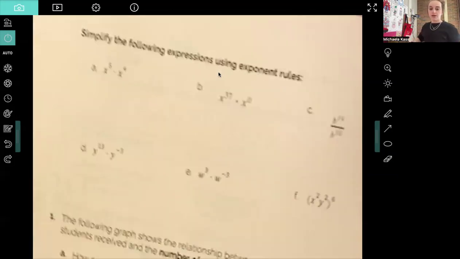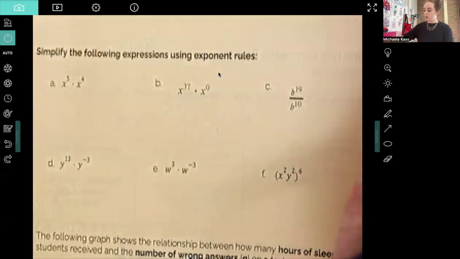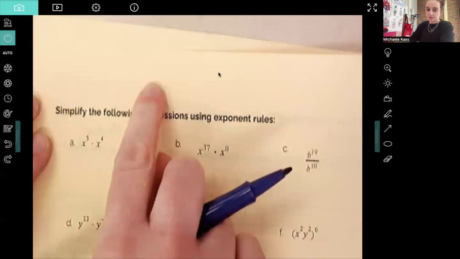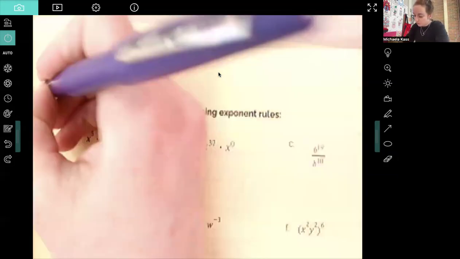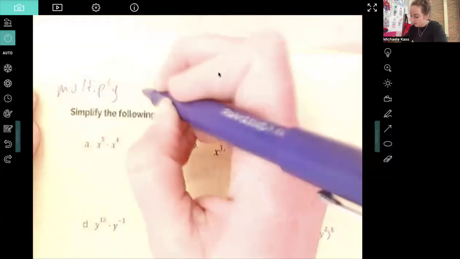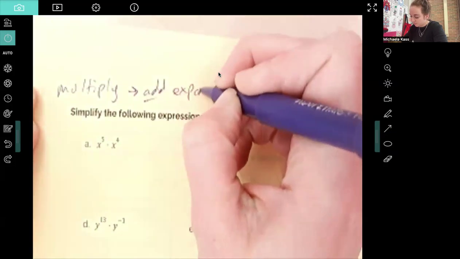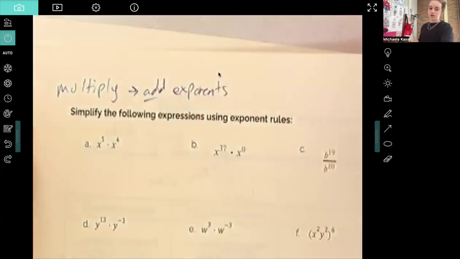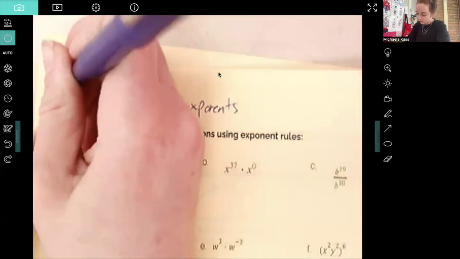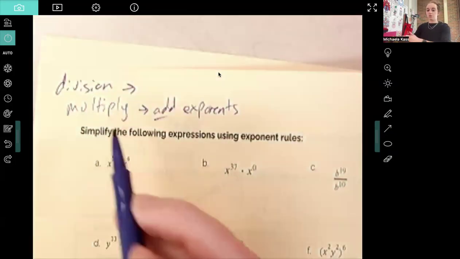All right, here we go. Exponential properties, things that we need to know, okay? So quick recap. We can use some recaps up here. Whenever we multiply, that means we add our exponents, okay? If we are dividing, well, think about it this way. Multiply goes with add, right?